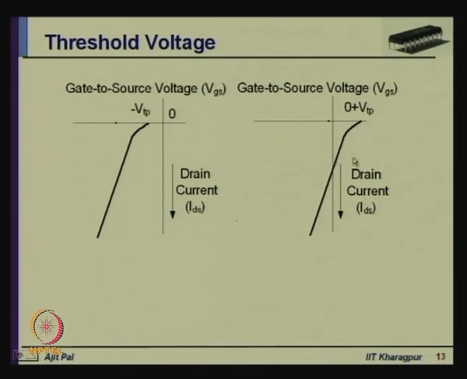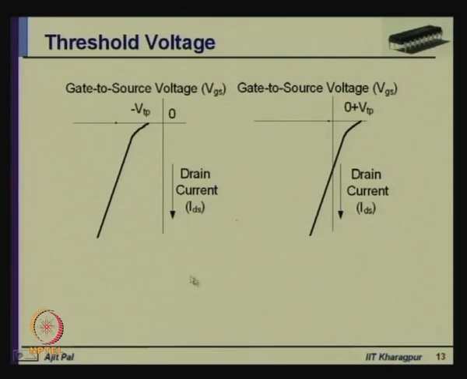Similarly, this curve corresponds to the PMOS depletion type transistor, and here you have to apply a positive voltage to stop the flow of current. As you make it smaller and smaller, and when it becomes 0, this side being the gate to source voltage, still there is a flow of current, and as you make it more and more negative, the current increases in the case of the PMOS depletion type transistor.